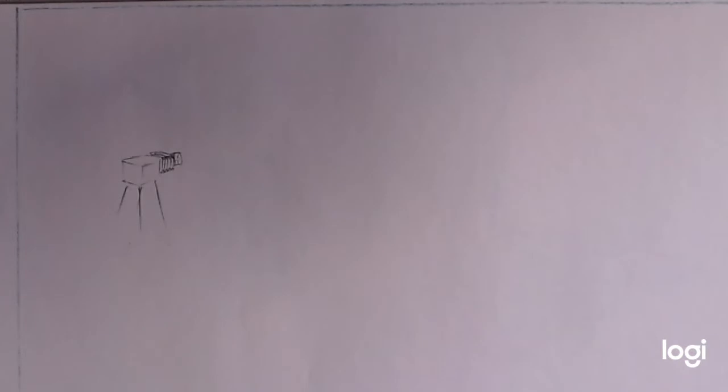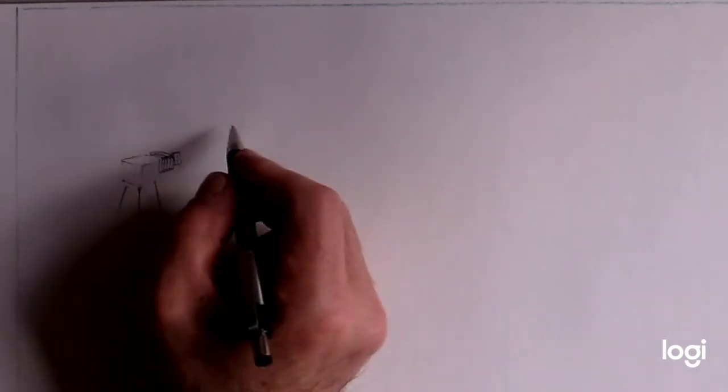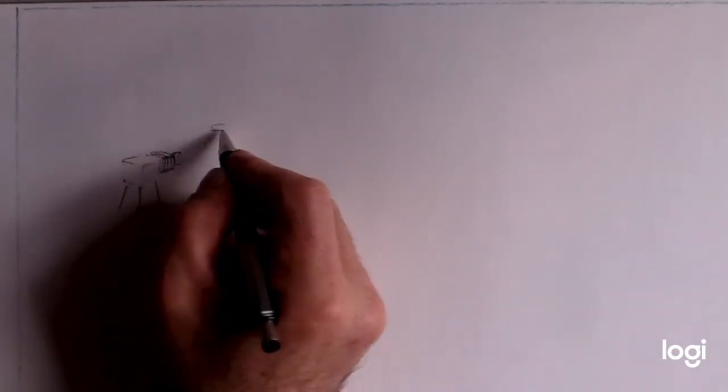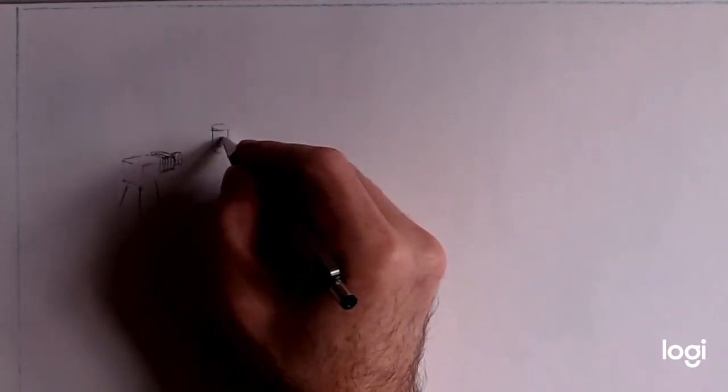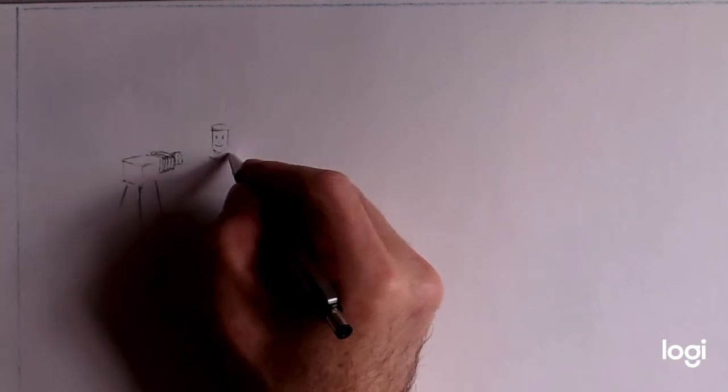Okay, here's our old-fashioned movie camera, and in front of the movie camera is our robot guy. And he's happy because the camera's looking at him.